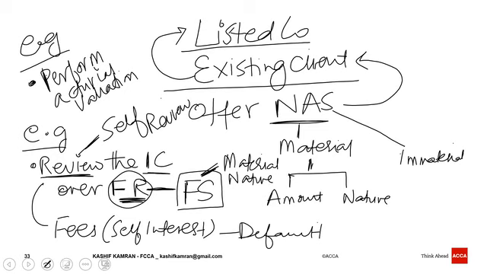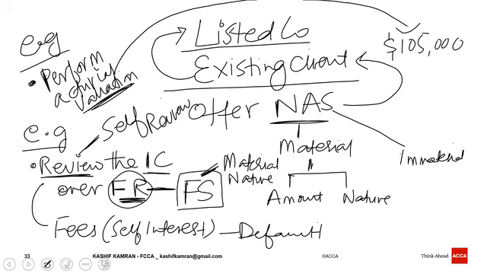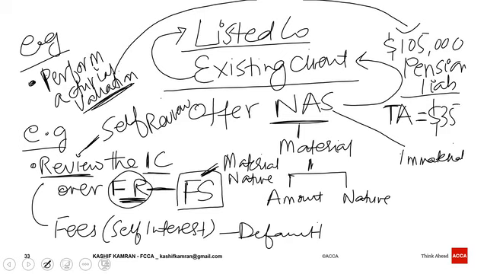Now, how would you judge this actuarial valuation is material? Suppose the examiner gives you that the pension liability on which you have to carry out an actuarial valuation is $105,000, and the total assets of the company is $35 million.